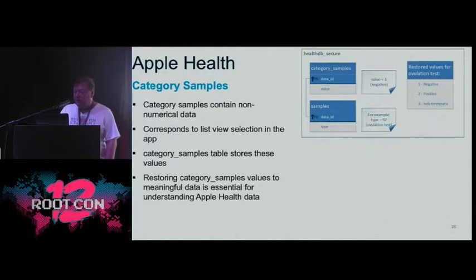There is also category samples that may contain non-numerical but text data or block data. And they correspond to, for example, the list view selection in the applications where you can choose between different parameters. And so they're stored usually in plain text.